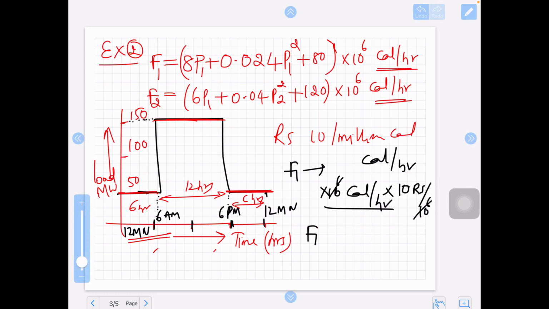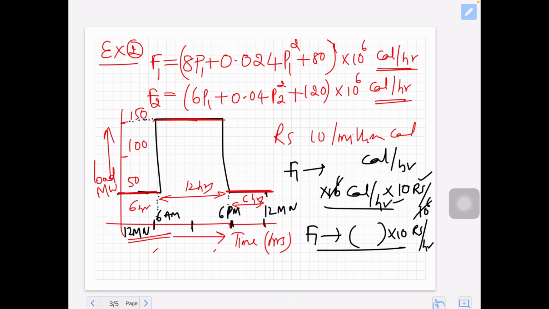So if you multiply the F1 equation with 10, you will get rupees per hour. For example, here 8 becomes 80.